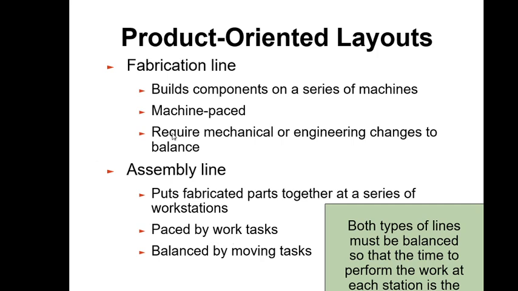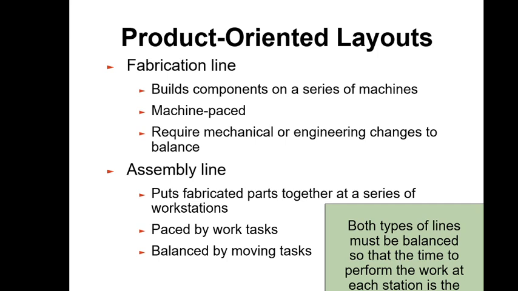Okay, also the fabrication line requires mechanical or engineering changes in order to balance your fabrication line. To balance it means in order to reduce the in-process inventory, as I told you.